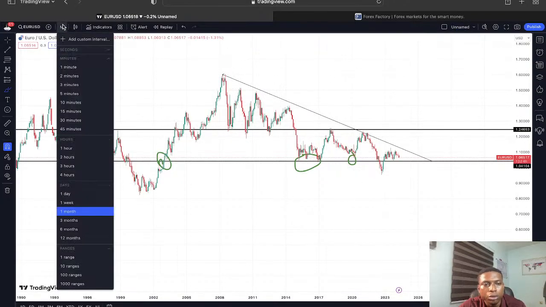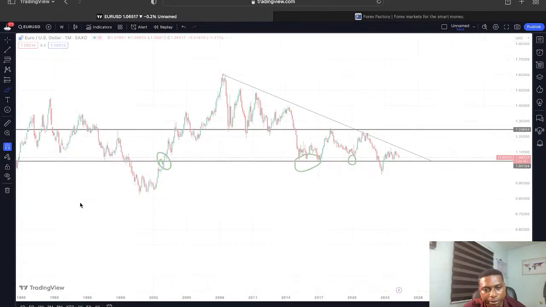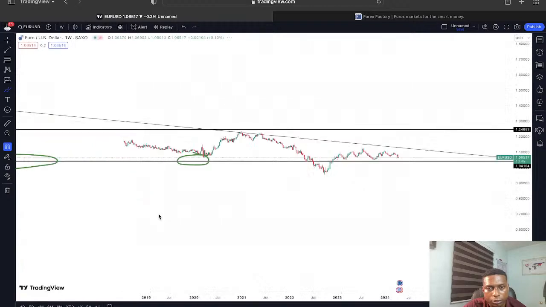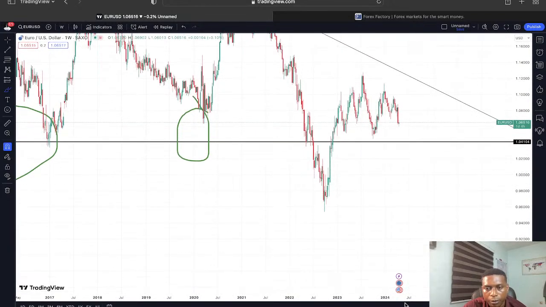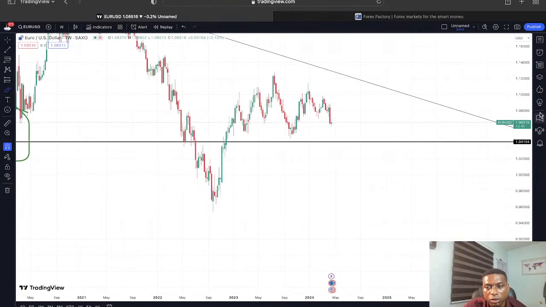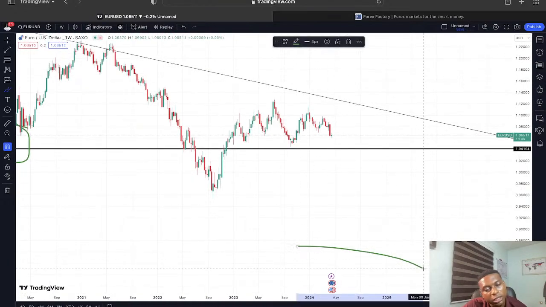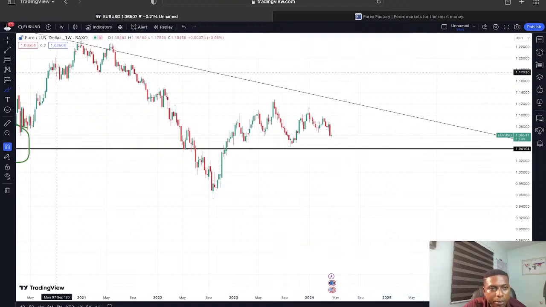let's go down to the weekly time frame. Here we can see that on the weekly time frame, it's much of a different ball game.